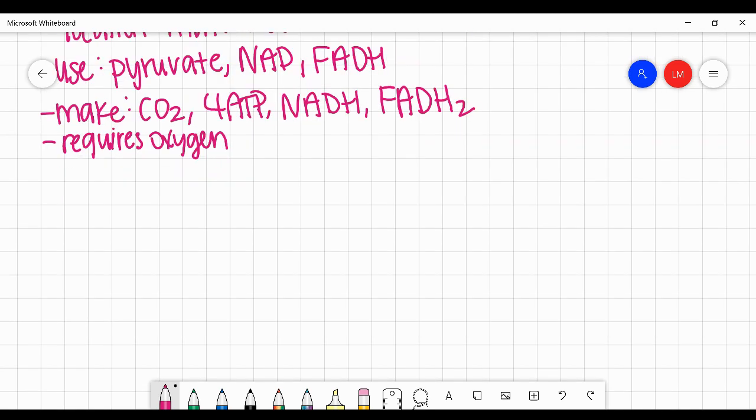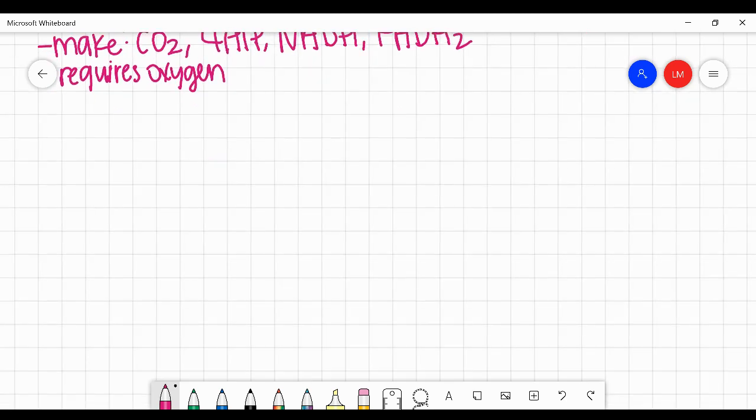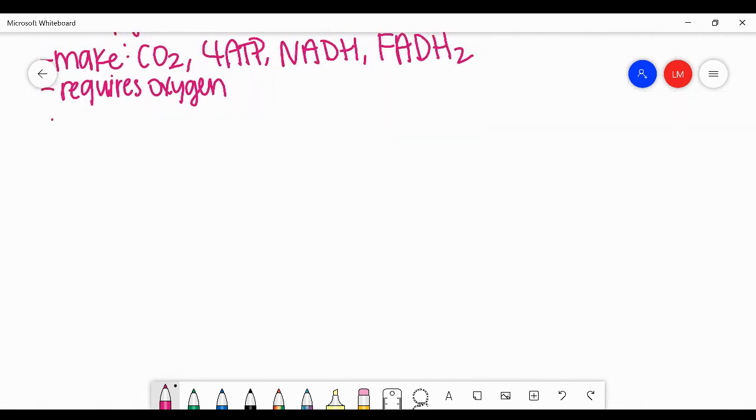Last, after glycolysis and after the Krebs cycle, we have ETC, or electron transport chain. What happens?